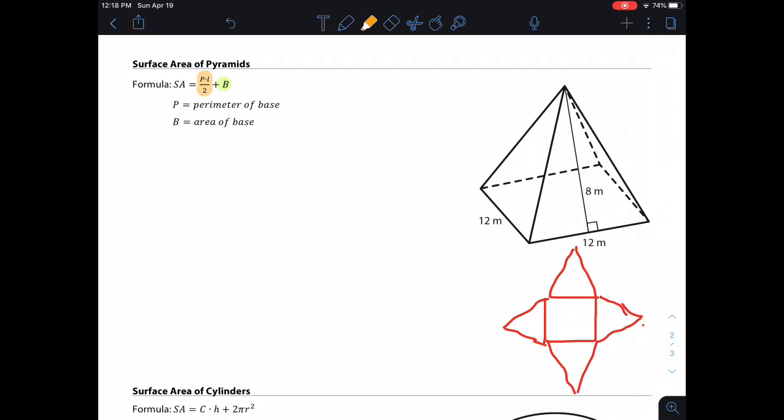And you might say, how does it equal 4? Well, it's because of the P. We're going to take the perimeter of the base, so we're going to take the 12 and the 12, and remember there's 12s on all 4 sides, so if we add 12 together 4 times, and then multiply it by the height, and then divide it by 2, we're going to find the area of 4 triangles. Okay, so let's go ahead and do that.